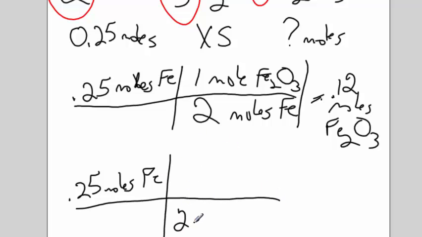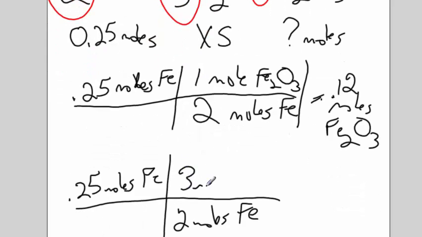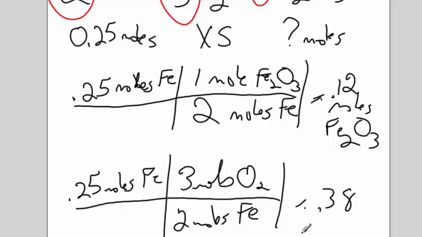Once again, 2 moles of iron down here. According to my stoichiometric ratio, there's a 3 there. So that's 3 moles of oxygen. And then it's 0.25 divided by 2 times 3, which is 0.38 moles of oxygen to 2 significant figures. That is the basics of stoichiometry.